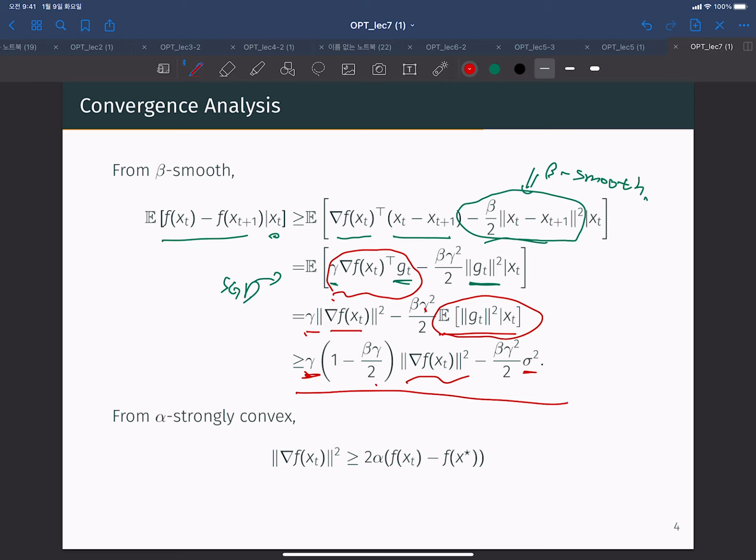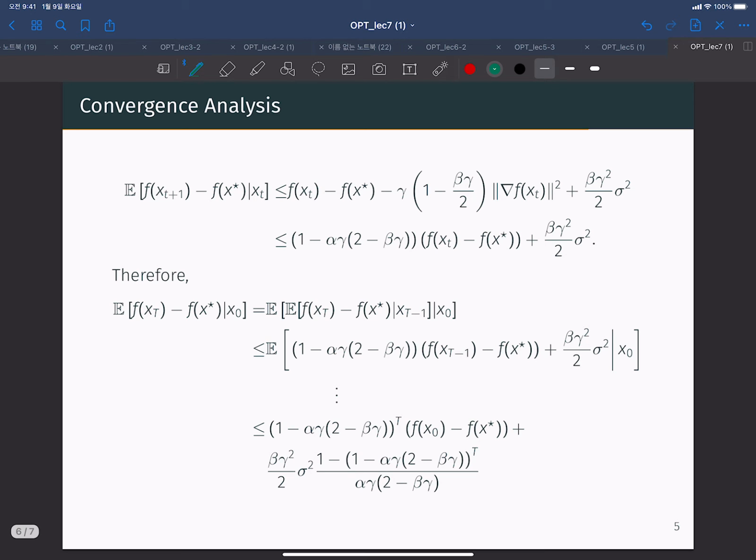And from alpha strong convexity, we have this result. Actually, I provided the proof of this inequality in week 2, maybe. So using this inequality, we can replace this part by 2 alpha times f(x_t) minus f(x star).